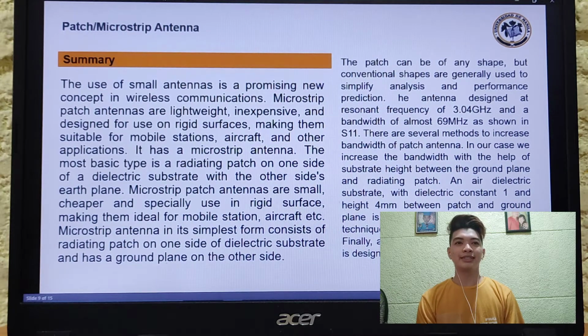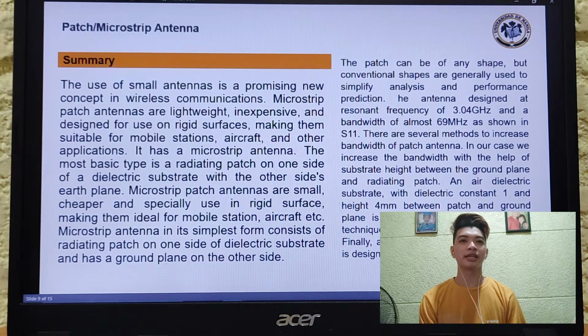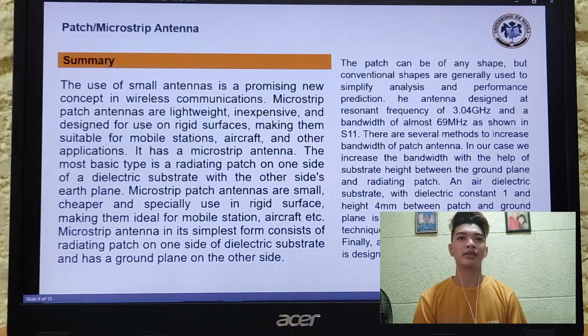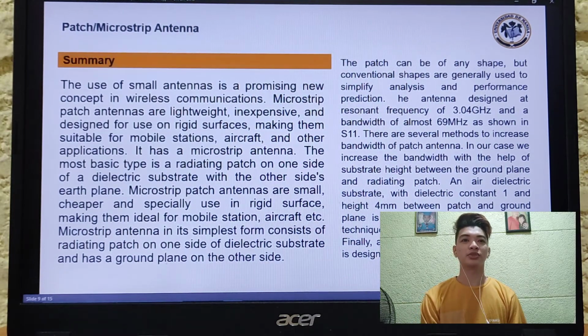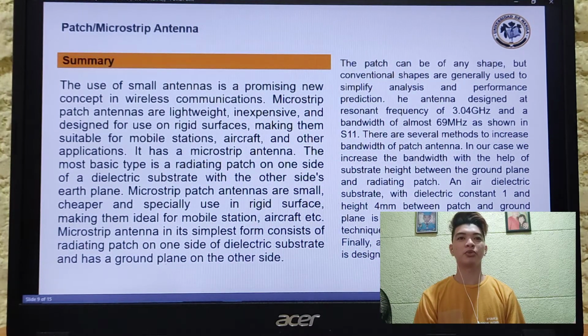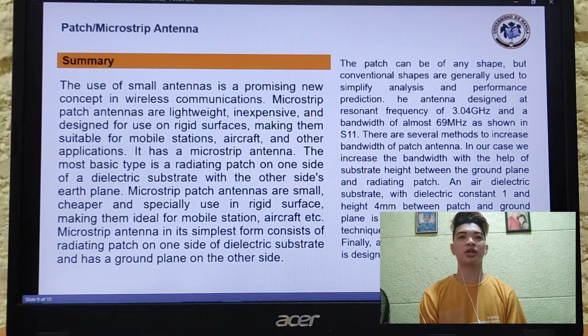The antenna is designed at a resonant frequency of 3.04 GHz and a bandwidth of almost 69 MHz, as shown in S11. There are several methods to increase bandwidth of patch antenna. In our case, we increase the bandwidth with the help of substrate height between the ground plane and the radiating patch.